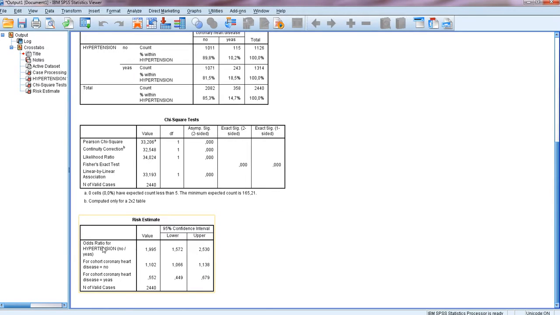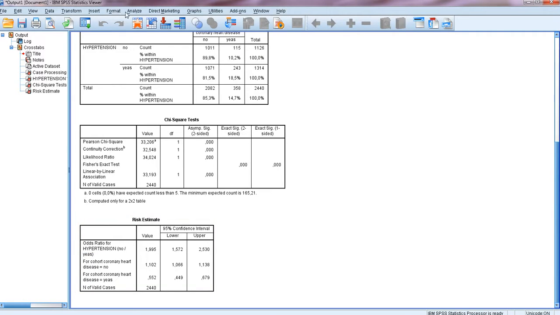Risk estimate: all you need to assess is the first row. You see that the odds of having coronary heart disease in presence of hypertension is almost twice higher as compared to people without hypertension, or people with normal blood pressure. The confidence interval doesn't contain 1. It means that this group differs significantly from the group of people without hypertension.